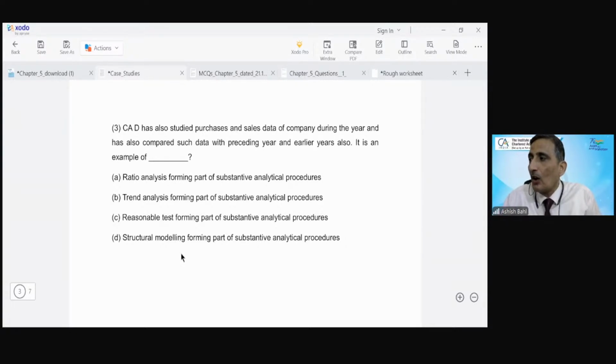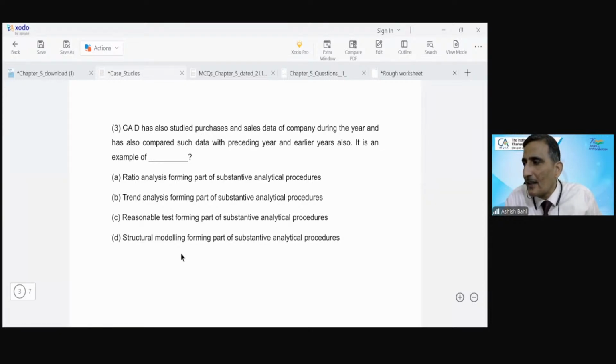If you see the topic of substantive analytical procedures in your chapter 4 under SA 520, where all these four names are given: ratio analysis, trend analysis, reasonableness test, you would see the same example given there.